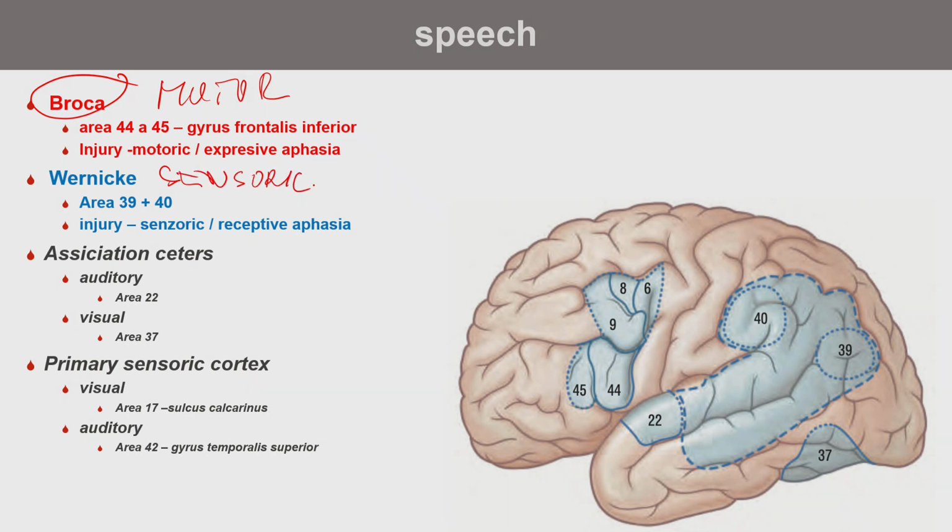So Broca area is in the prefrontal cortex, in the gyrus frontalis inferior, in area 44-45, and when there is some injury, typically ischemia or bleeding, more frequently ischemia, the patient has a problem with the motor speech process. The speech is not processing.